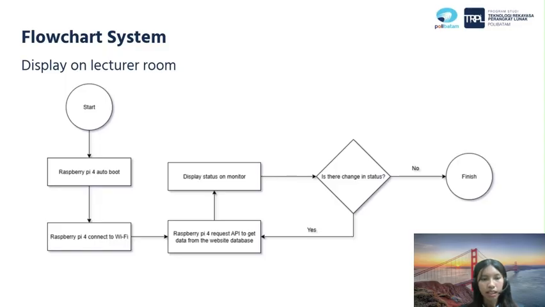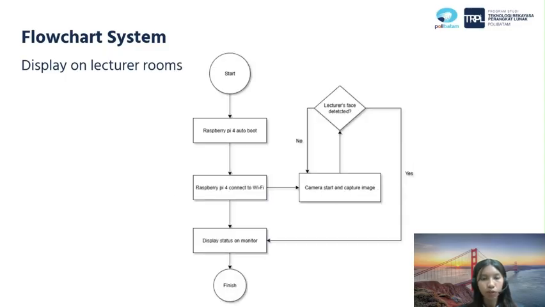The next slide is the flowchart of lecturer rooms. It also starts when the Raspberry Pi is turned on, automatically boots, and then connects to the Wi-Fi network. Once connected, the display also shows the presence information of the lecturer. The camera will start only when a face is detected approaching.